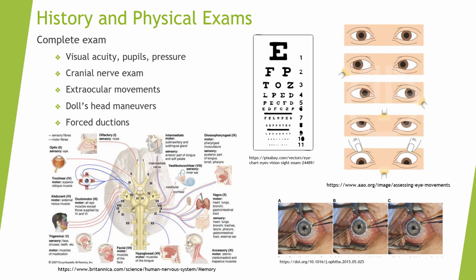Doll's head maneuvers involve quickly turning the patient's head side to side or vertically up and down while holding the eyelids open, and checking if the oculocephalic reflex, where the eyes move opposite to the direction their head is moving, is present.